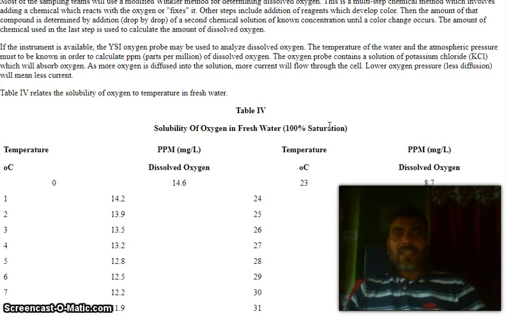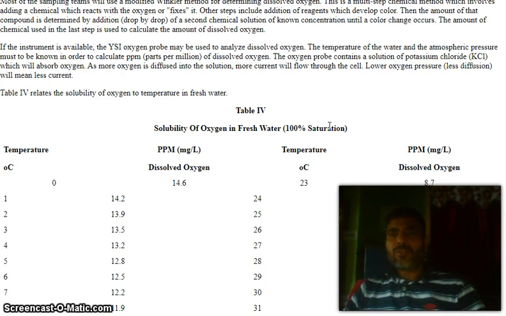Dear friends, if the instrument is available, the YSI oxygen probe may be used to analyze dissolved oxygen. The temperature of the water and atmospheric pressure must be known in order to calculate ppm, parts per million, of dissolved oxygen.